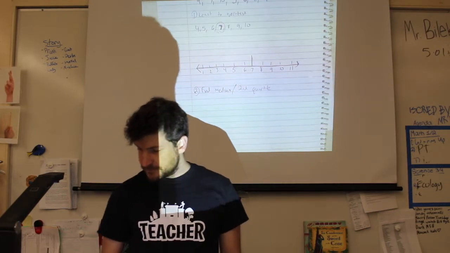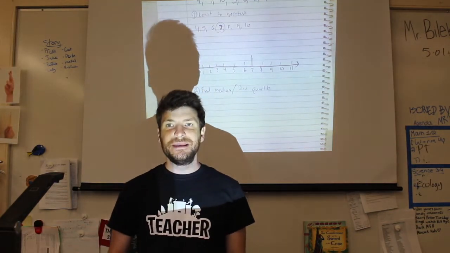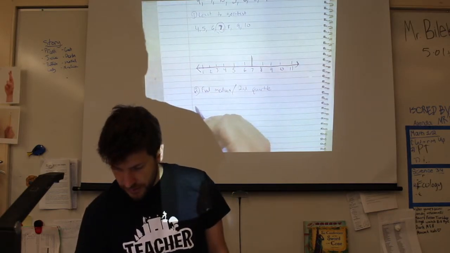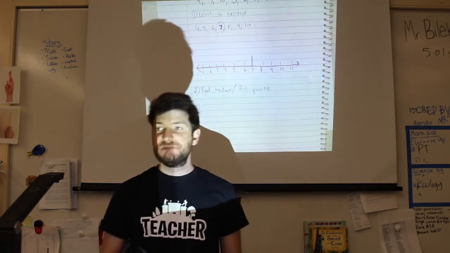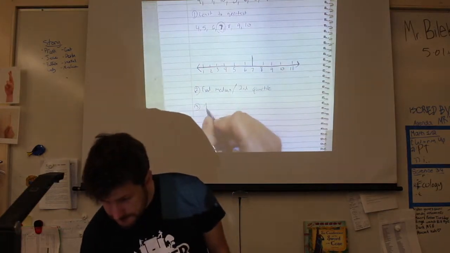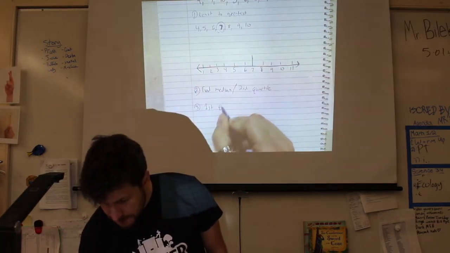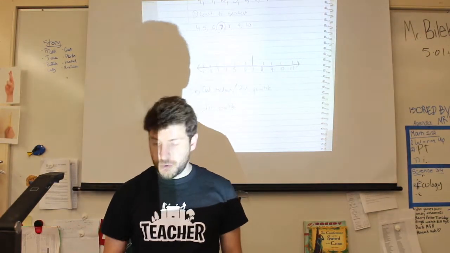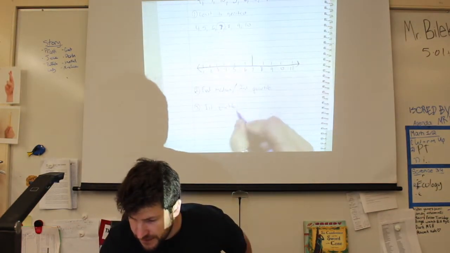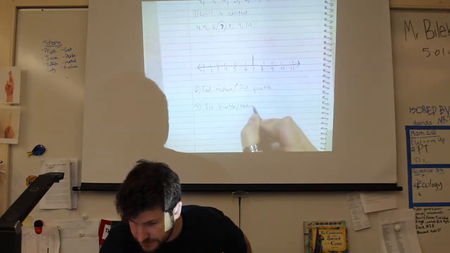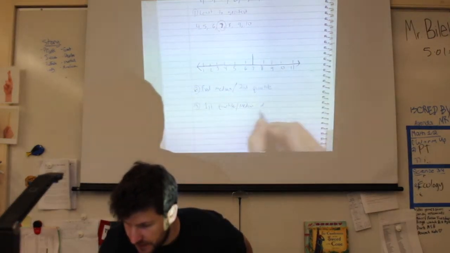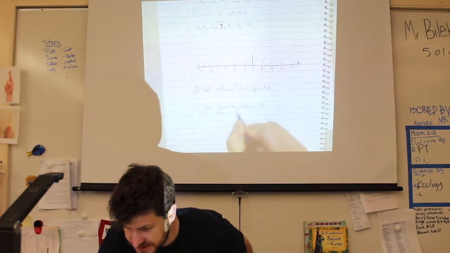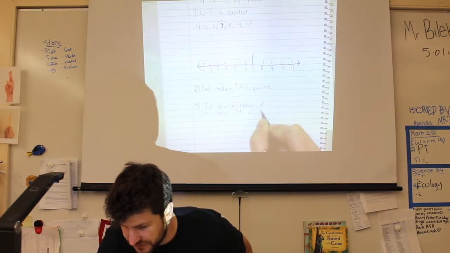Next step. We now need our first quartile. Our first quartile is the median of the lower set of numbers.